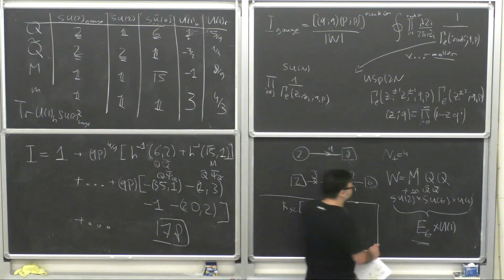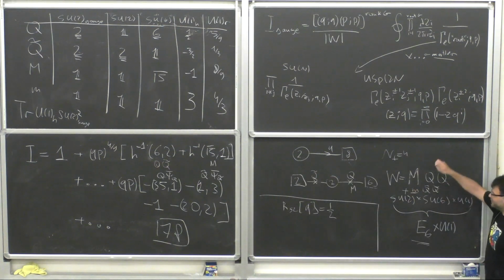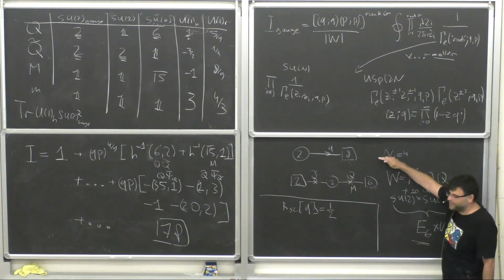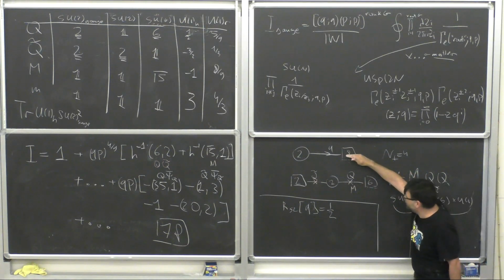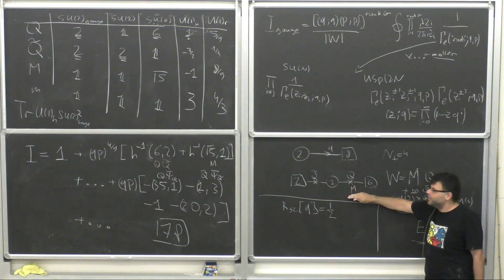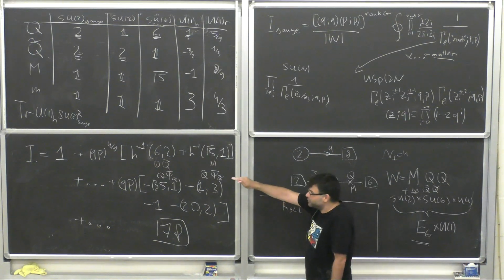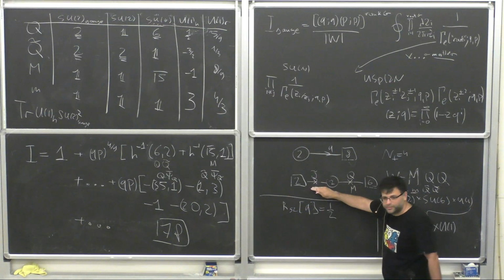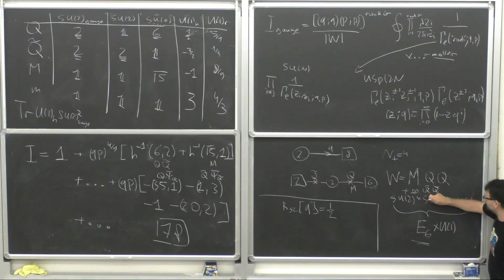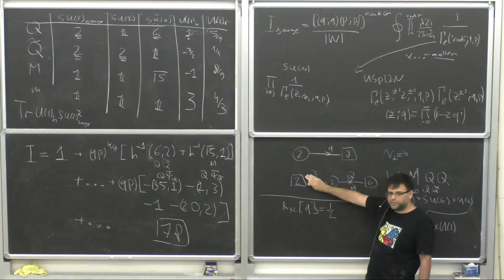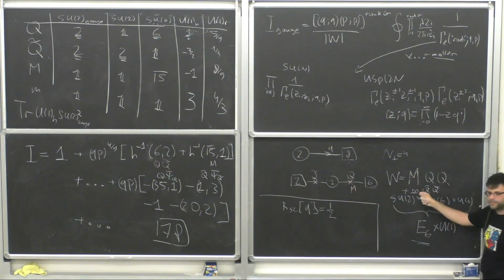When I add this interaction, what I actually do, again, the proper way of thinking is to do everything in steps, every time turning on one deformation. So first you gauge, then you add this M, you flow, you actually will see in the index that you get a free field. Then what I basically understand is that this Q tilde is a free field. I introduce another free field with this coupling. So at this fixed point, what is this interaction?